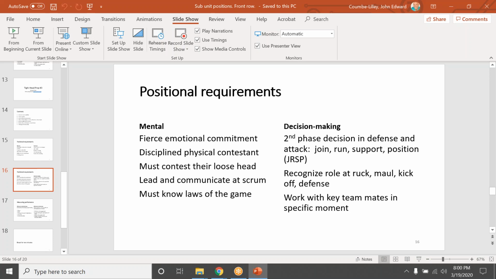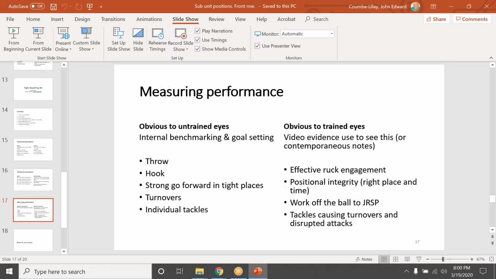The front row creates possession, they create go forward, they create a sense of contest and commitment to open play, breakdowns, and they basically put us on the front foot in all aspects of the game. How they link up, that's a different aspect for a different chat, if you will.